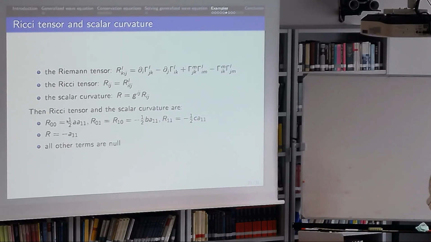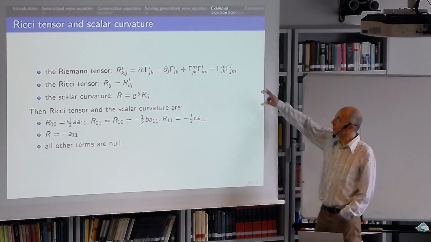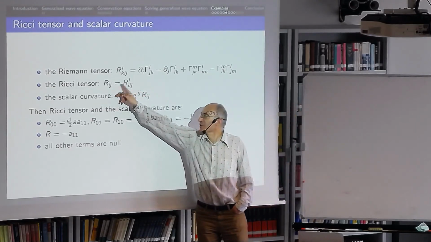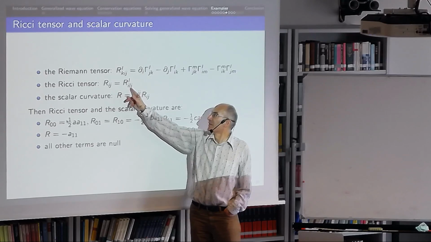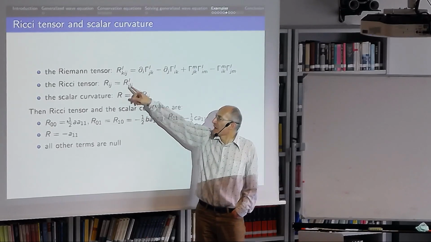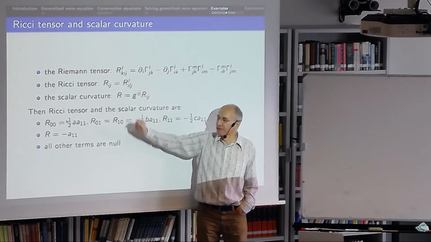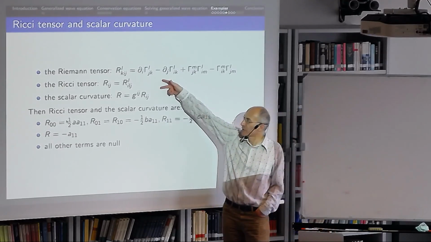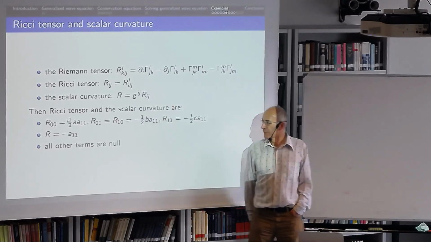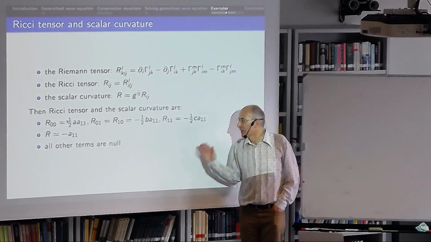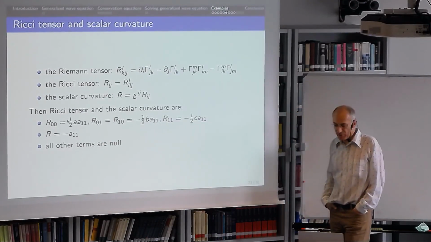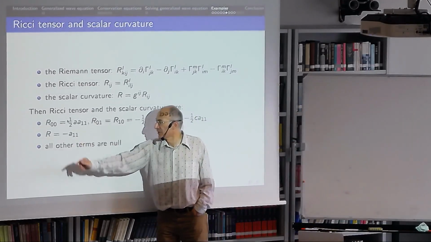Some of the other interesting elements are the Riemann tensor, which is defined here. It's a very tedious calculation. Then the contraction on the first and second terms, the first contravariant coordinate and the second covariant coordinate, gives what is called the Ricci tensor. Further contraction with g^ij gives the scalar curvature. When you do the computation, we find out that only the terms in 0 and 1 are non-zero, and the scalar curvature is non-zero.